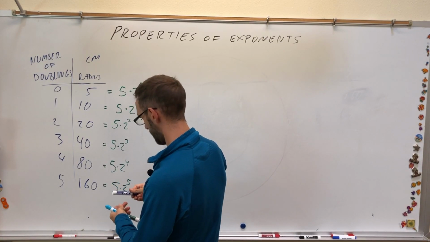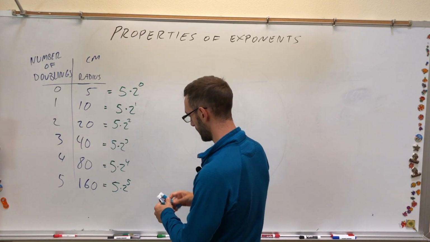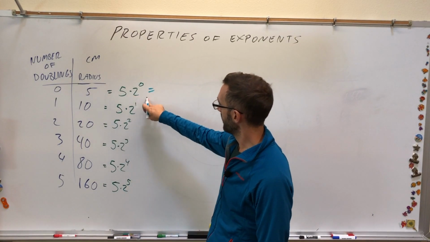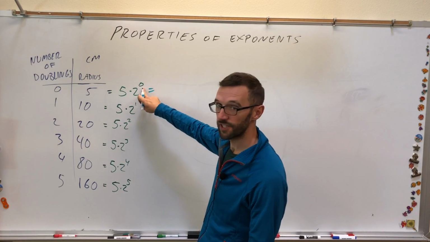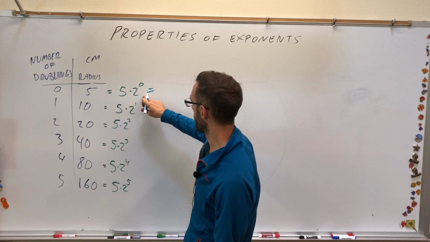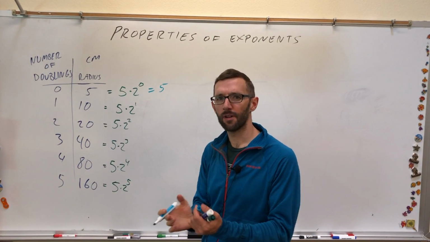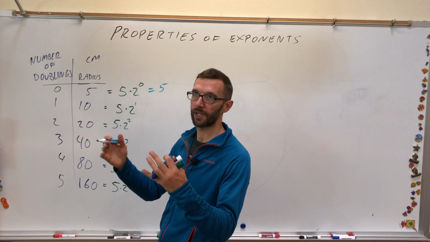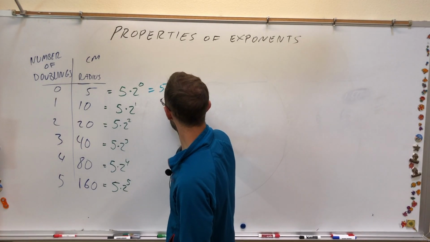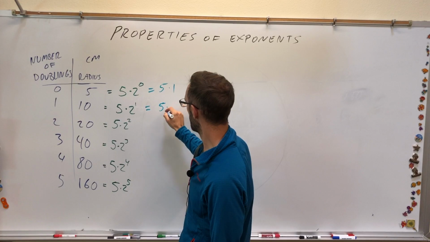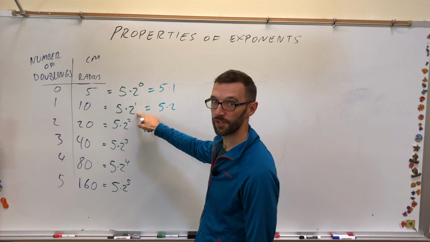We'll do this in turquoise. So then, this means there's 0 2's multiplied by 5, which is one way we can think about anything to the 0. Multiplication-wise, it'd be just 1. So 5 times 1. And then here would be 5 times 1, 2 multiplied by 5.